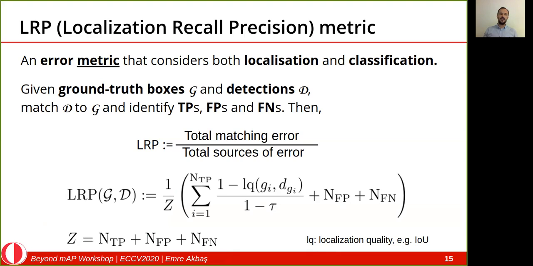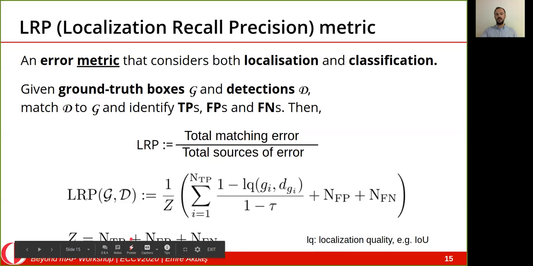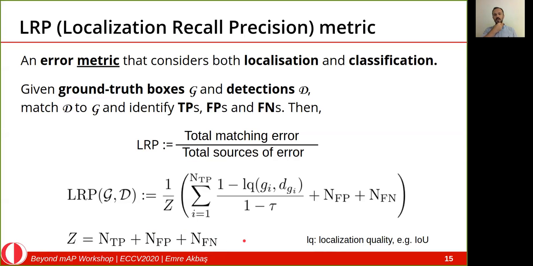When there are no matches, all of the detections will be false positives, and all of the ground truths will be false negatives, and then you will have as a total error the summation of the false positives and false negatives, and the number of true positives will be 0.